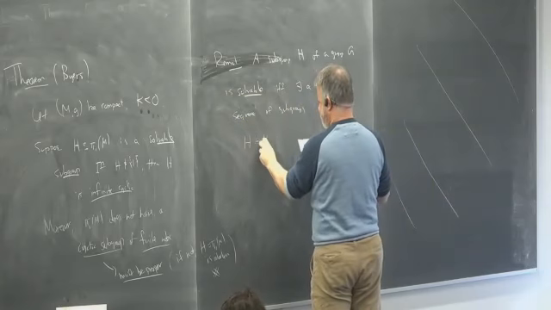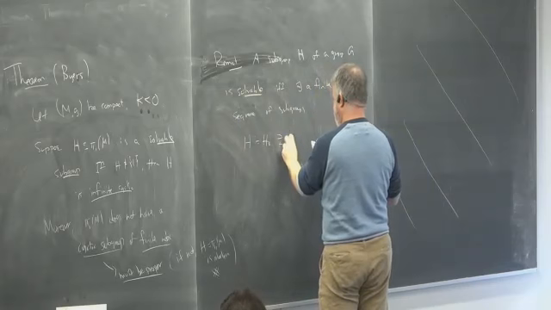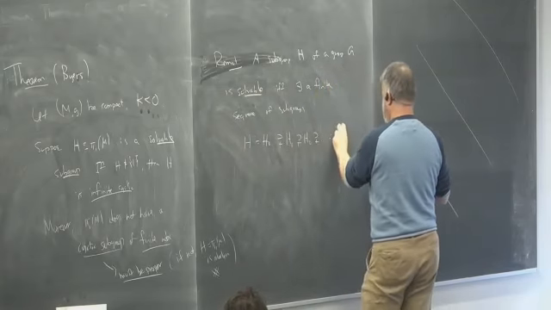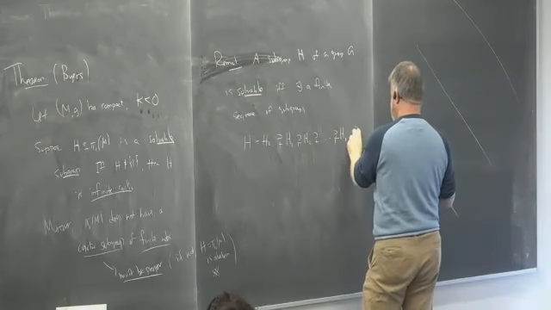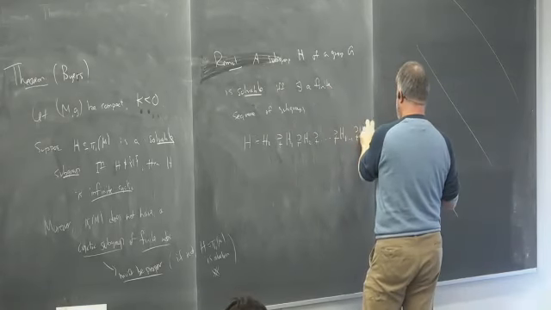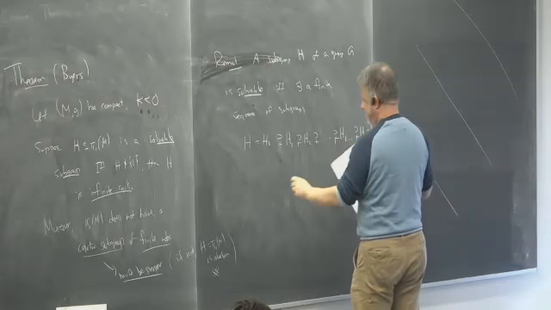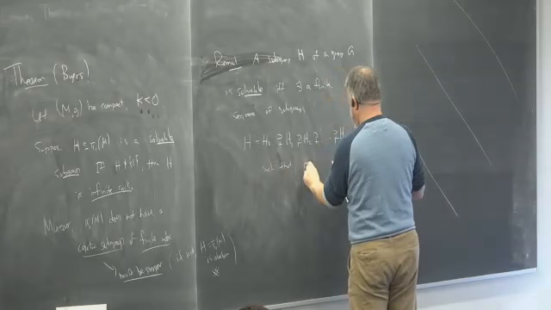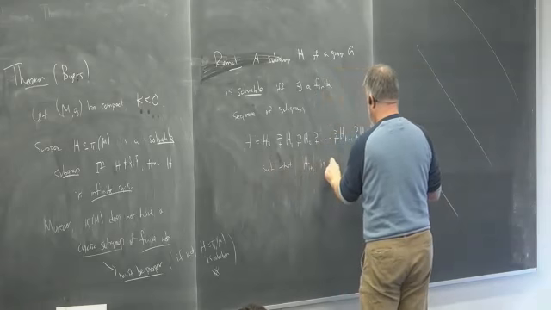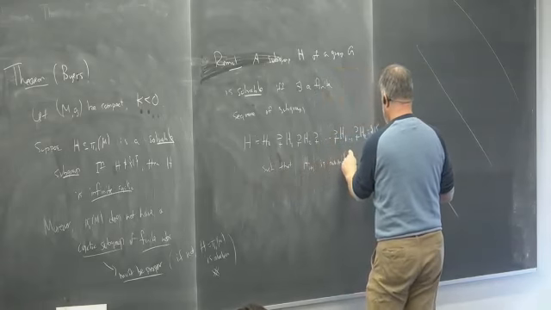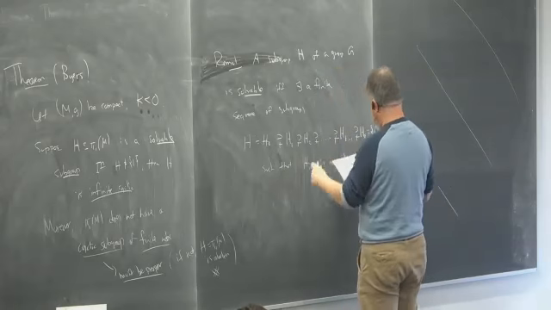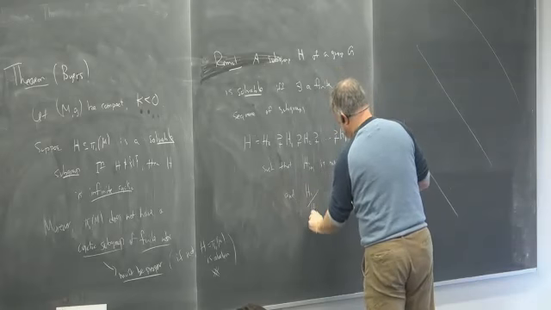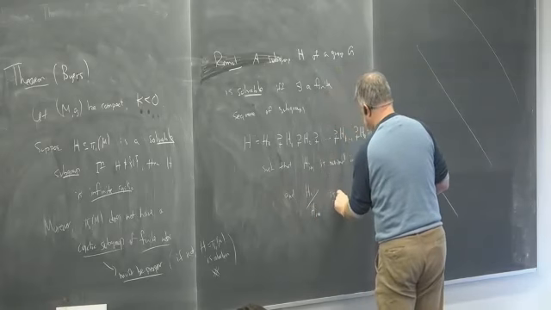So the first one is H, and then H1, H2, these are proper inclusions, up to H_{k-1}, H_k, which is the identity, the trivial group, such that H_{i+1} is normal in H_i, and therefore we can take the quotient, and H_i over H_{i+1} is abelian.